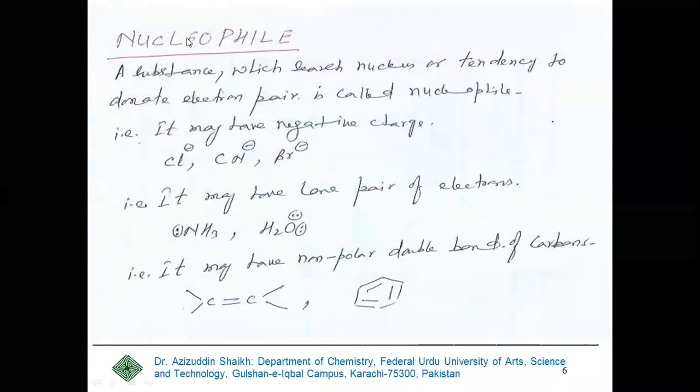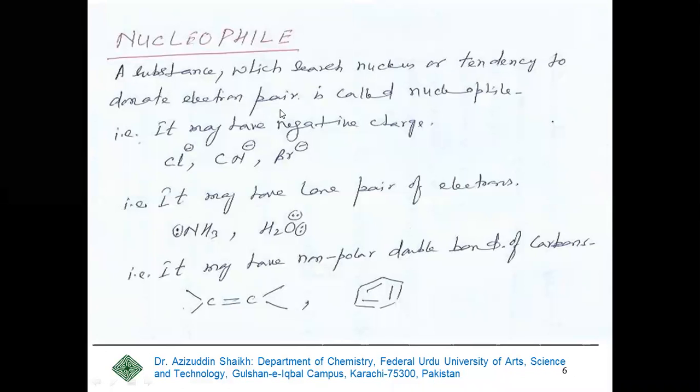What is the concept of a nucleophile? A substance which searches for a nucleus, or has a tendency to donate an electron pair, is called a nucleophile. Searching for a nucleus means searching for positive charge. It means it is electron rich, so it has a tendency to donate an electron pair.